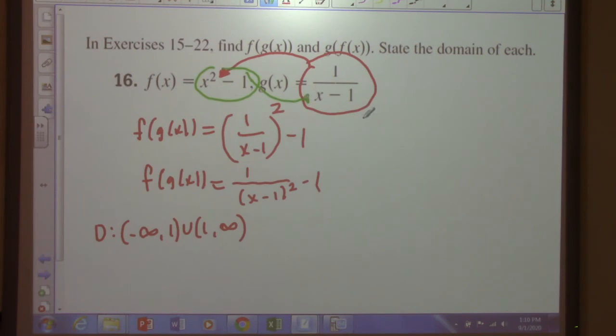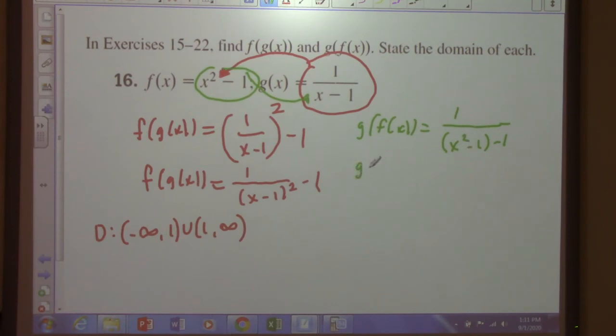So I'm going to write this as g of f of x, which is equal to 1 over x squared minus 1 minus 1. So everything is the same except this is what's replacing the x, right?